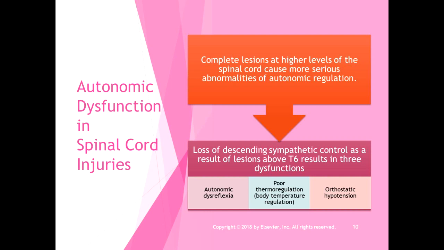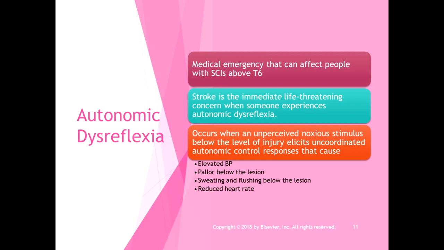These autonomic issues are really important to be monitored while you're working with the person, and you need to educate them about it as well. Autonomic dysreflexia in particular is a medical emergency, because their blood pressure spikes, there is an increased risk of stroke.